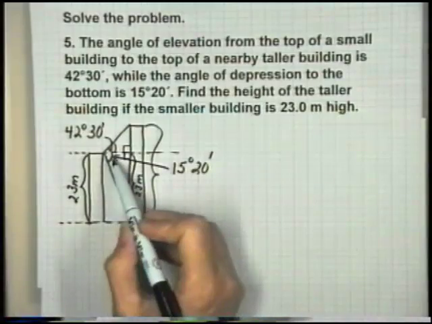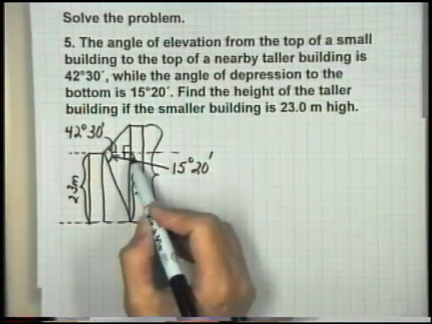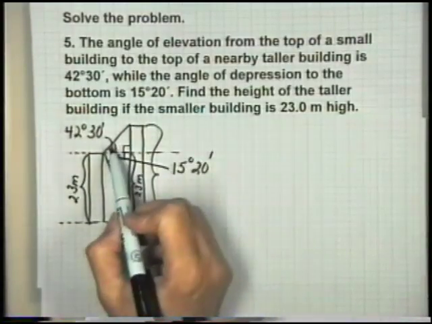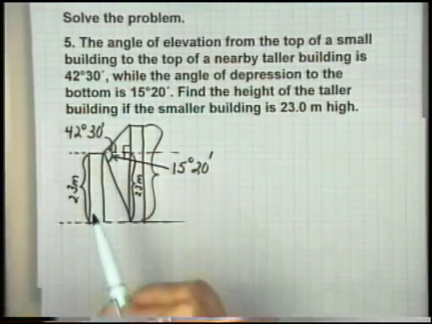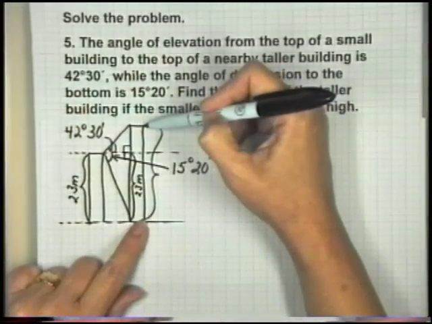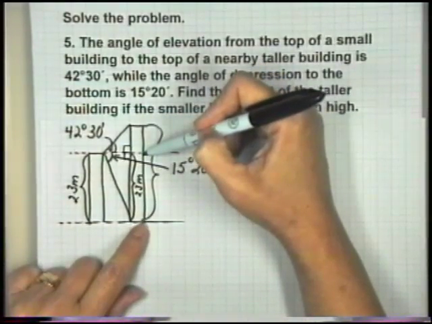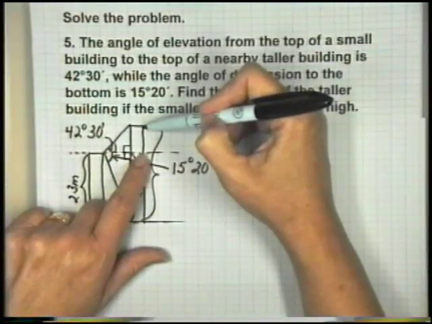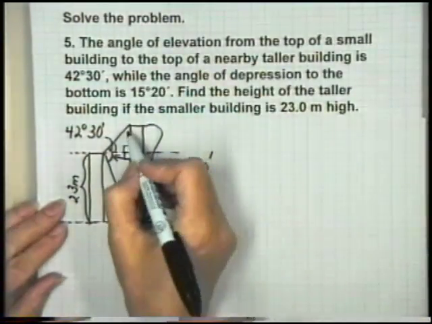Okay? Well, now look at this bottom triangle. I know this angle and this side. But for this top triangle, I only know this angle. Well, they're asking me to find this height. Well, this height is obviously this 23 meters plus whatever this height is right here.